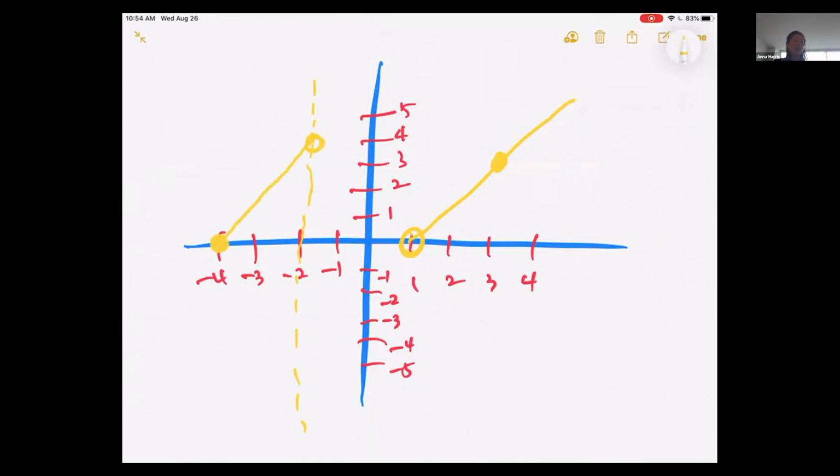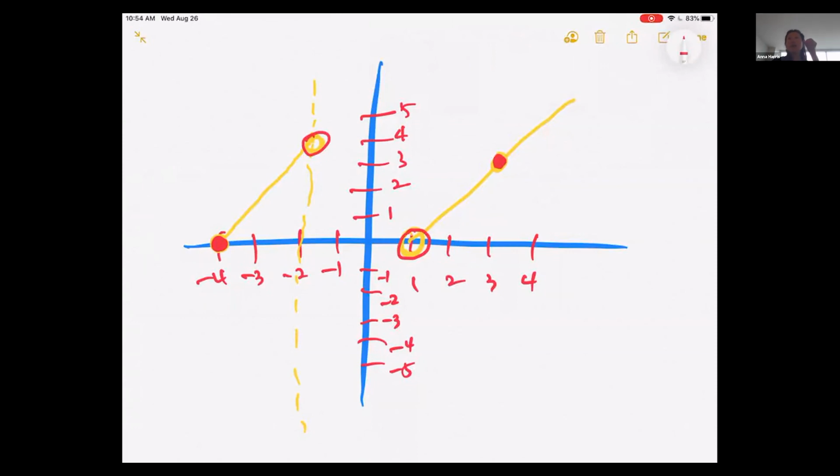Okay, this is my graph. All right, class, did you see I made a circle? This is an open circle, and this is a solid. Okay, what's the difference between an open circle and a solid? Anybody know?